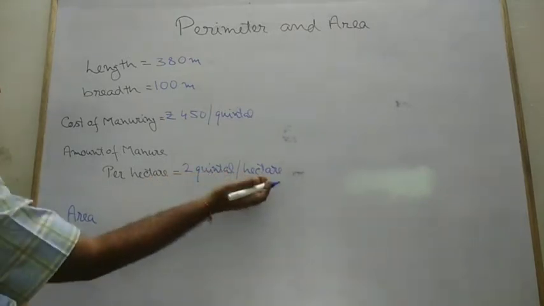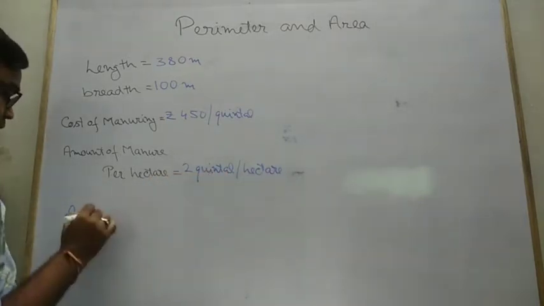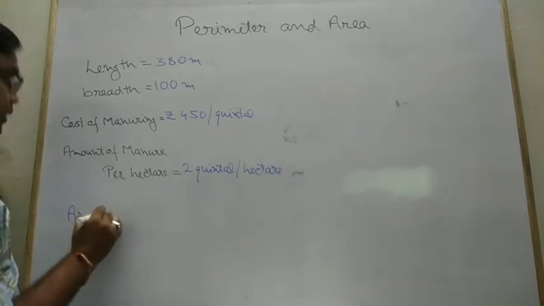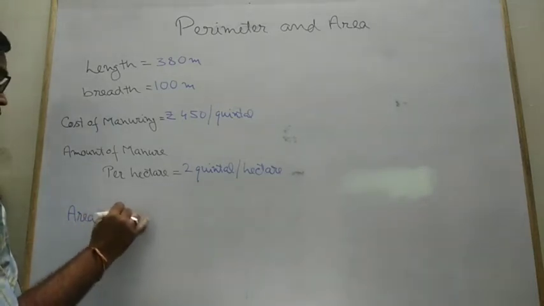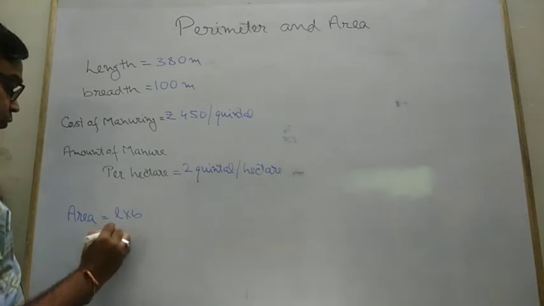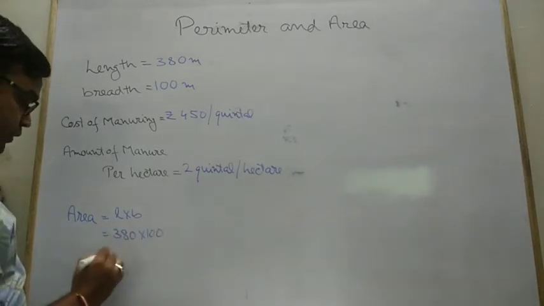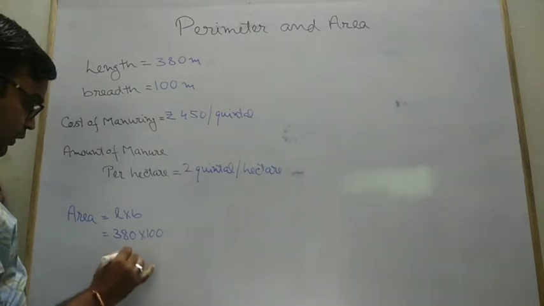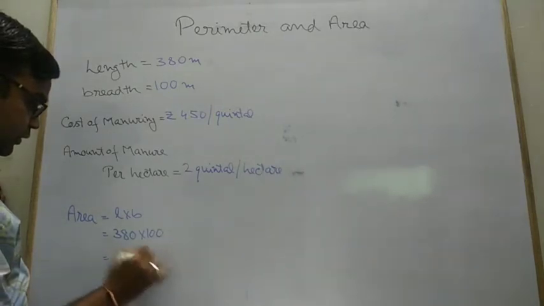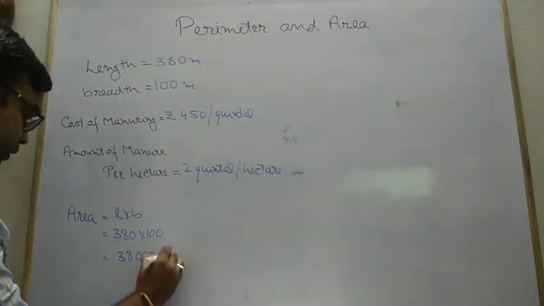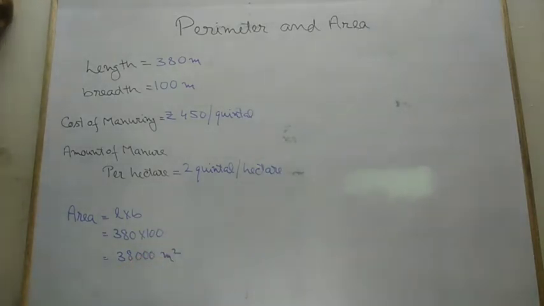area is required. Hectare is the unit of area, and as we know, in 1 hectare we have 10,000 meters square. So area equals length into breadth. We can use 380 into 100. It's 3 times 0, and this is your meter square. We are going to convert into hectare.